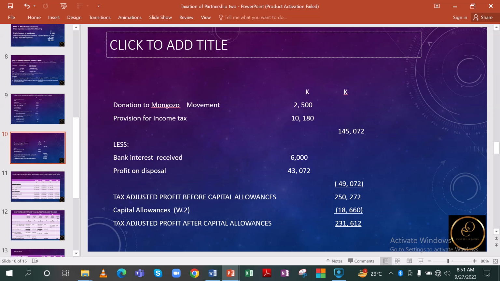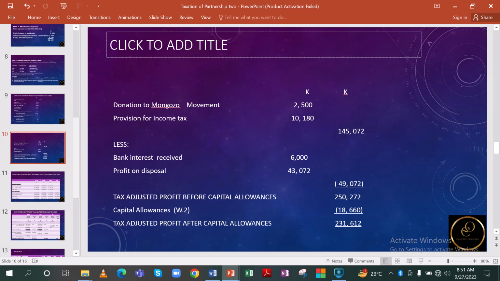So now we're going to continue later on and look at how we determine how much is assessable under each partner. Remember, there's a tax transparency system.